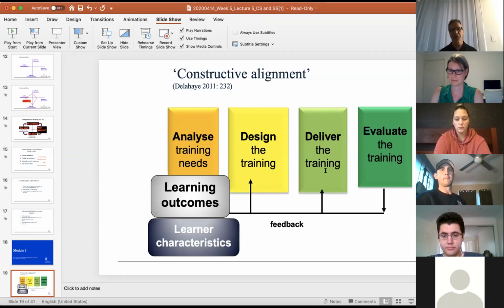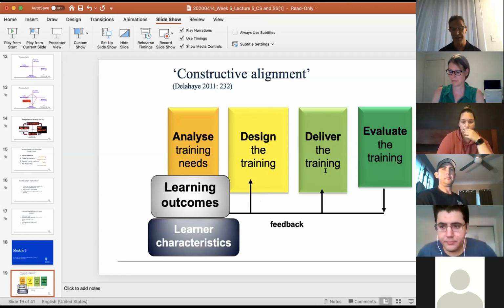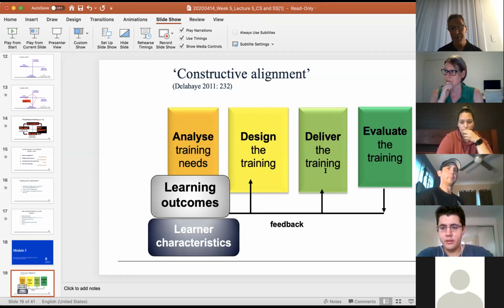So you want to make sure that what students or trainees are required to learn is clearly delineated in the learning outcomes, and then that the delivery of the training is aligned to that, and any assessment is aligned to that. So what's actually being assessed are the learning outcomes, and what is actually being delivered is information that helps trainees to achieve the learning outcomes.